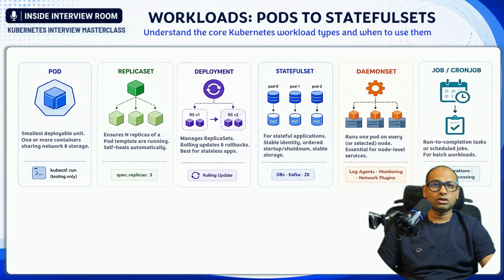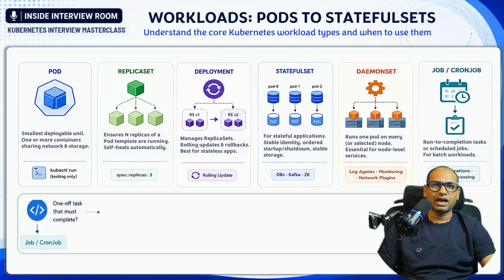Job and CronJob. A Job runs a task to completion, a database migration, a batch process, and then stops. A CronJob is just a Job on a schedule, like a Kubernetes-native cron job. Now, here is the mental shortcut on the slide, and it's how I actually decide. Ask four questions: is it a one-off task that must finish?